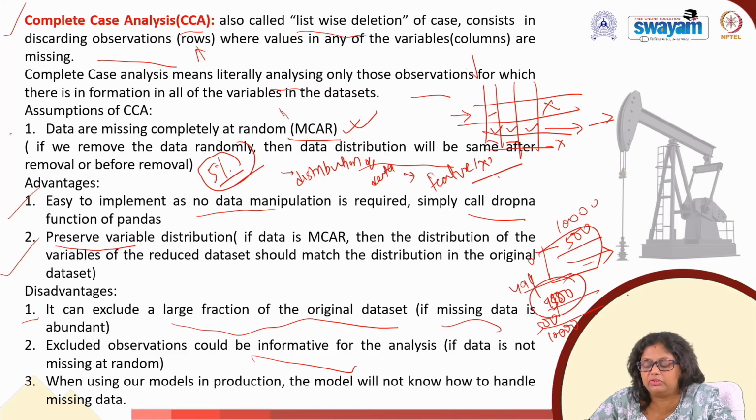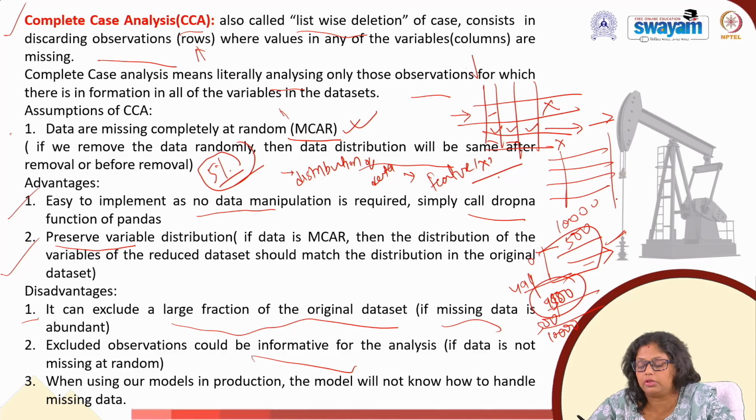If data is continuously missing and we are simply dropping those rows, it may be problematic, because this doesn't seem like randomly missing values; it is continuous missing data. Maybe there was some experimental fault, or some instrumental fault during data logging. So in this scenario, applying CCA is not an advisable choice. So this is the disadvantage with respect to these two.